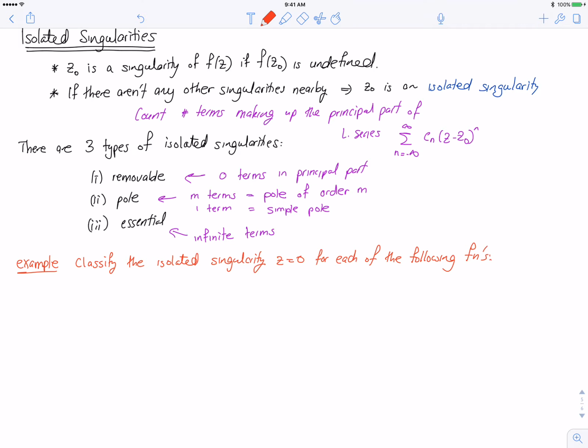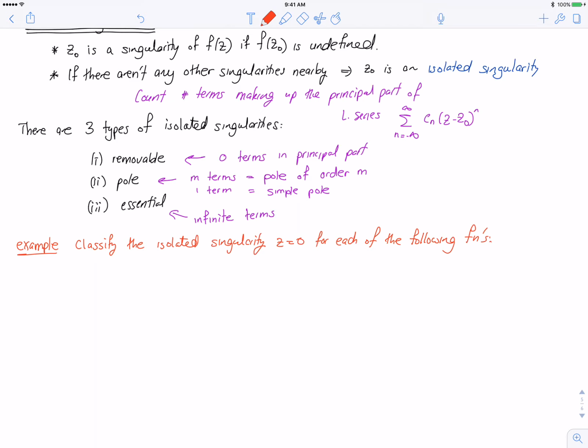Alright, so for A, I'll take the function to be sine z on z to the power of 5. In B, I'll take the function to be e to the power of 1 on z. For C, I'll take the function to be cos z minus 1 on z.